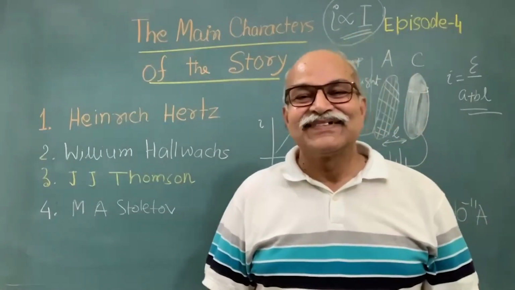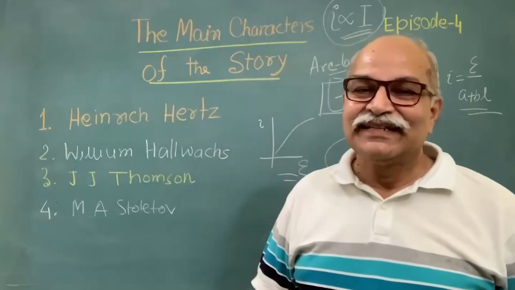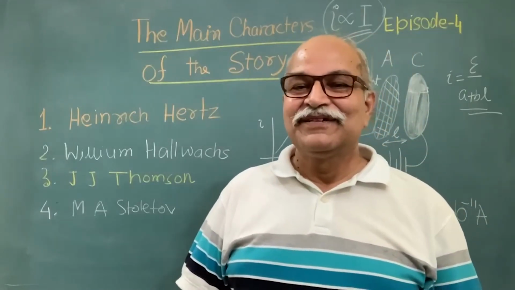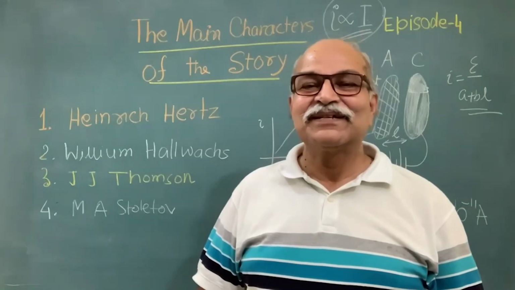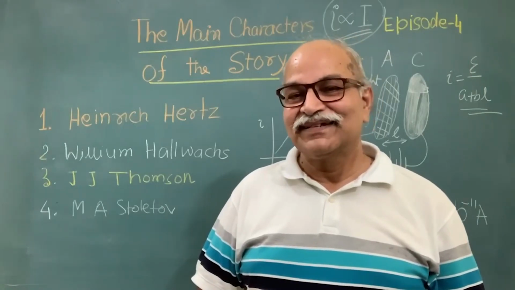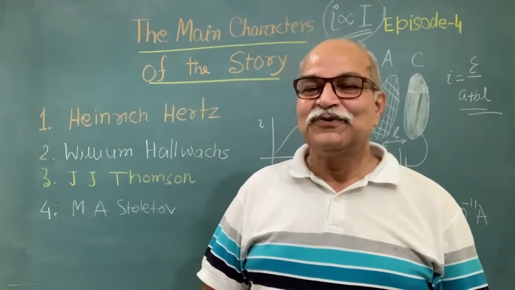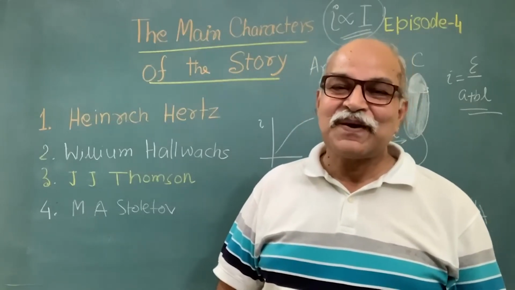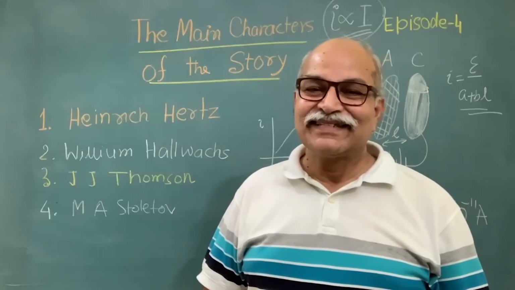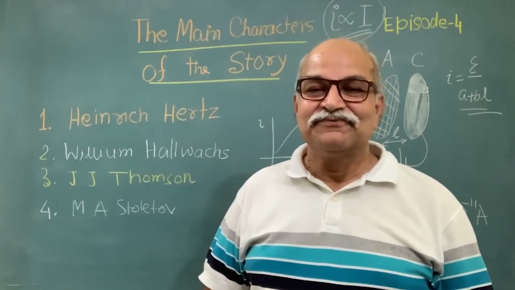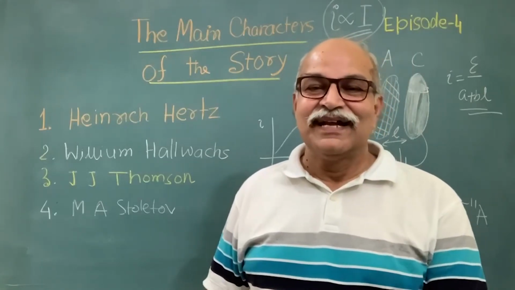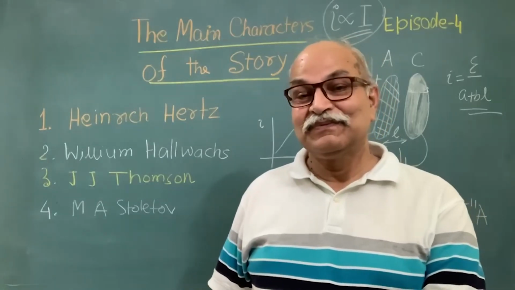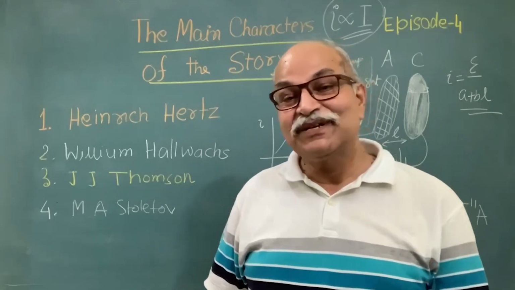All right, so that is it, and then maybe in the next episode we will talk of another giant personality, 1905 Nobel Prize awardee Philipp Lenard. He has given very good quantitative results, and Einstein in his Nobel Prize work has mentioned this.